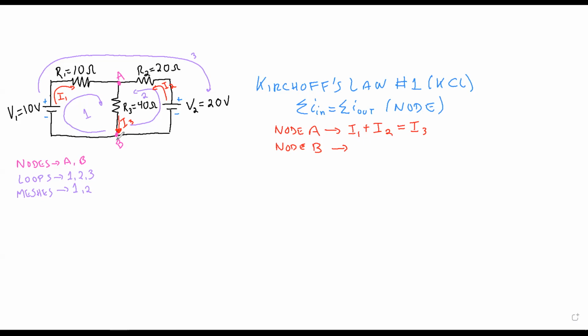Okay, now if we look at node B, what's going into node B? I3. And what is going out of the node?